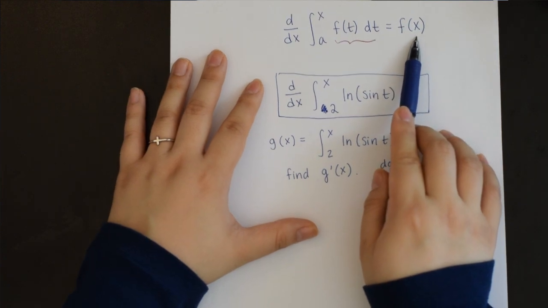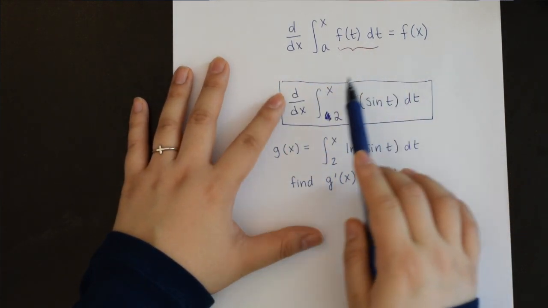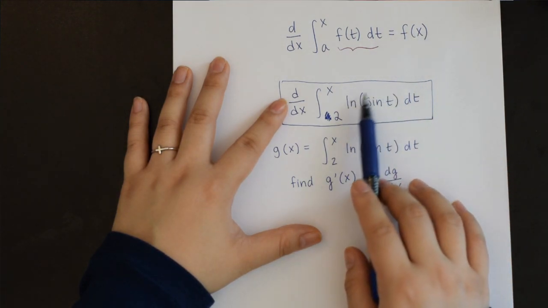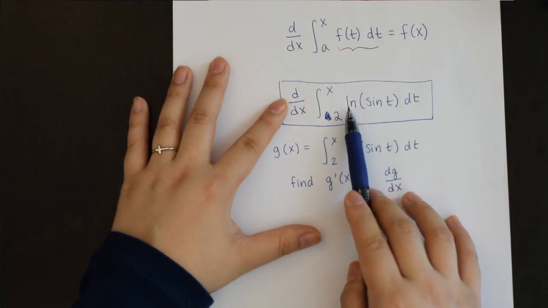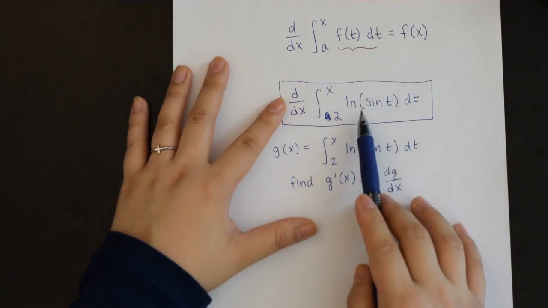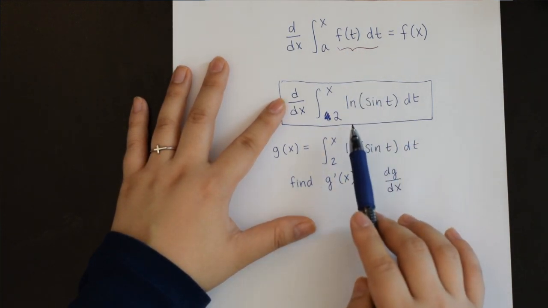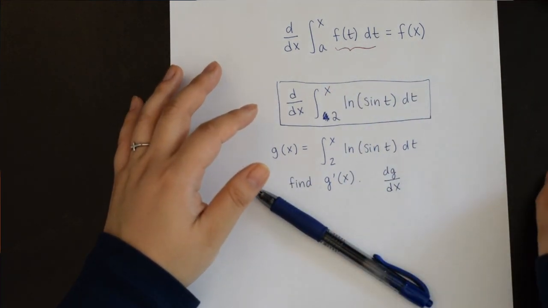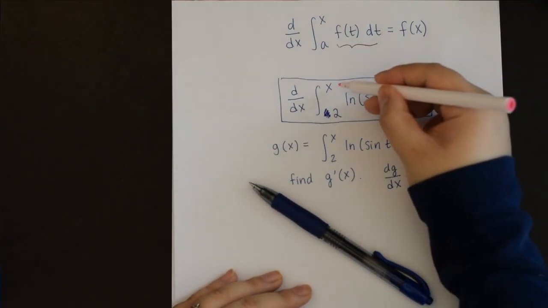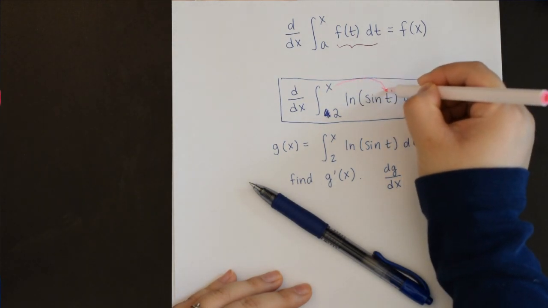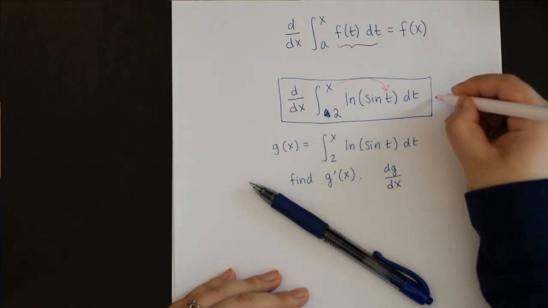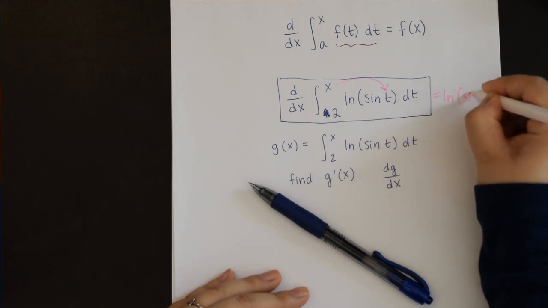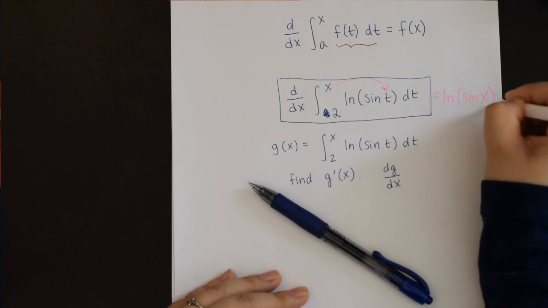So what the fundamental theorem tells me is that my answer is going to be just f of x, f of t in this case being ln sine t. So then I just plug in x, I just put my x into this t. So that would be ln of sine x.